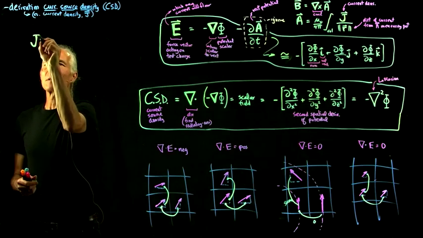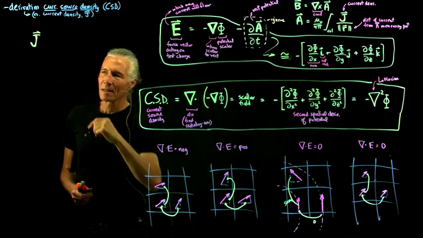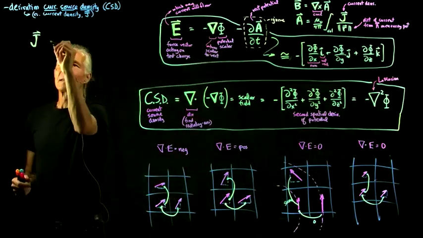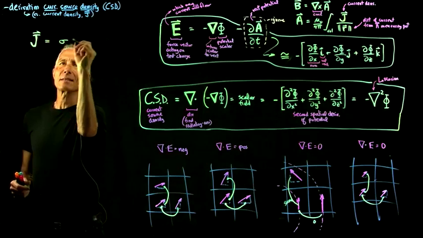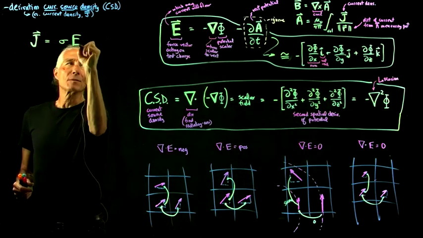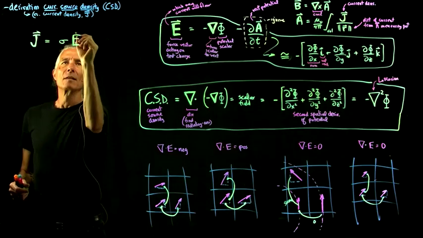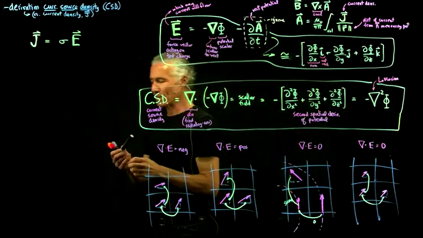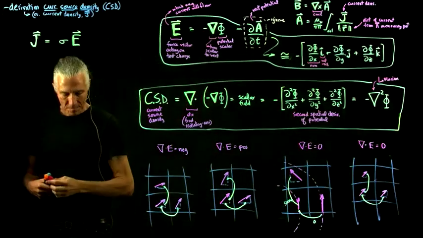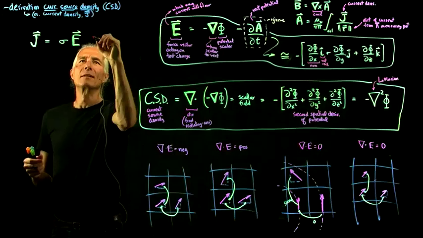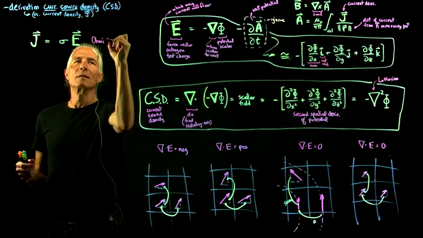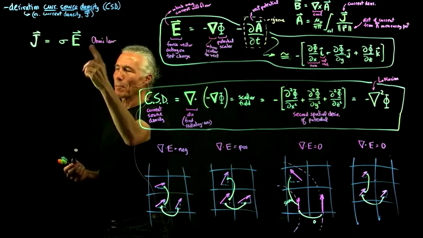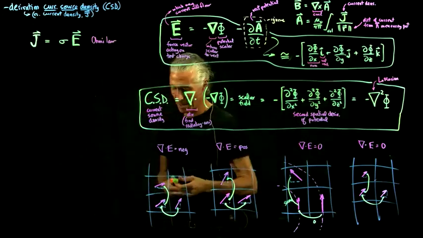Another very simple relationship with this current density is called Ohm's law, and that just says this is what I was saying right up here. In a very simple setup, there are more complicated ones, but in a very simple setup, Ohm's law says the current density is just proportional to the electric field.